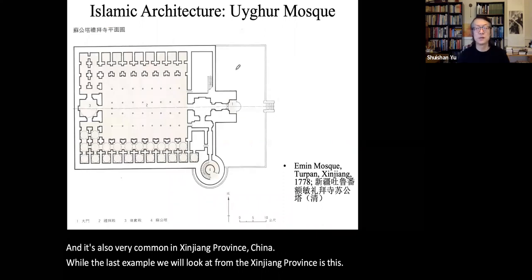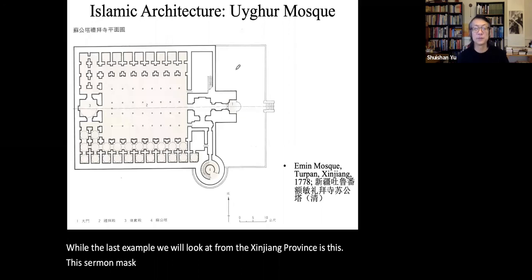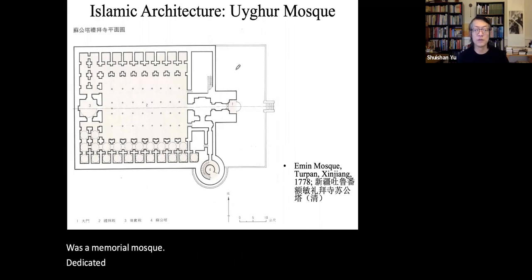this Emin Mosque. The Emin Mosque was a memorial mosque dedicated to a local chieftain who worked with the Manchu government in Beijing during the Qing dynasty to quell a local Muslim uprising.